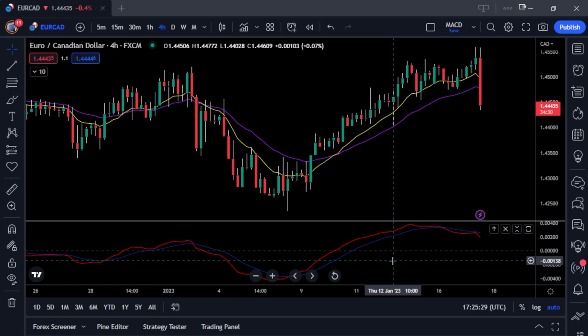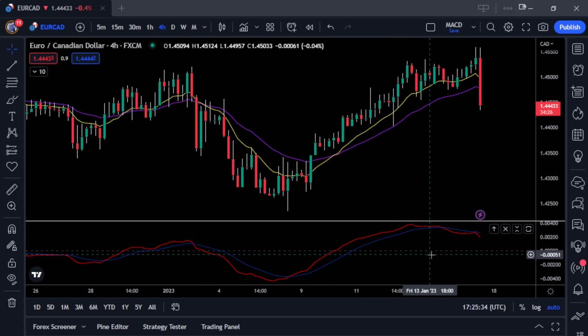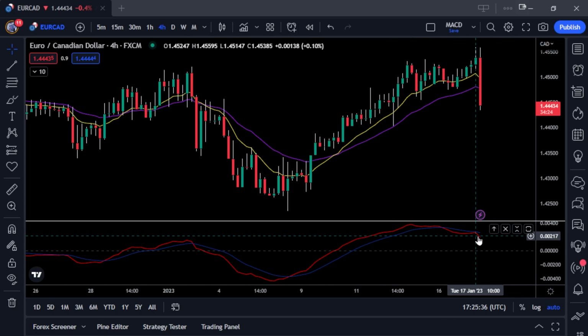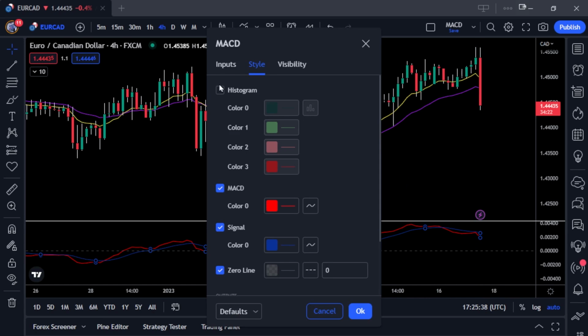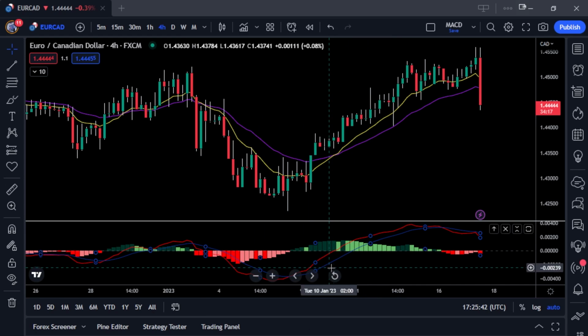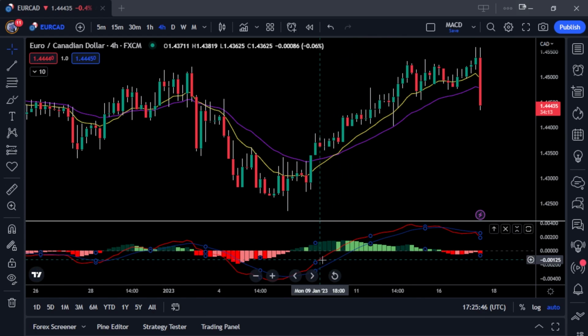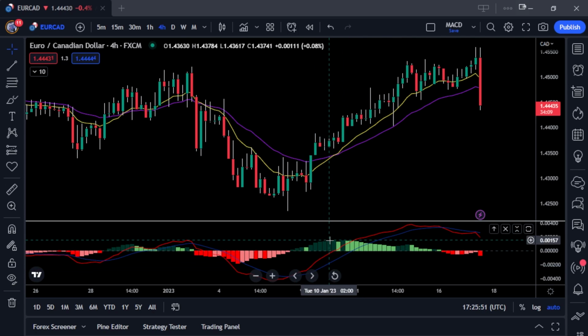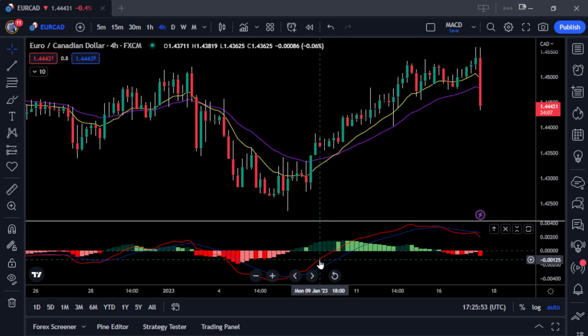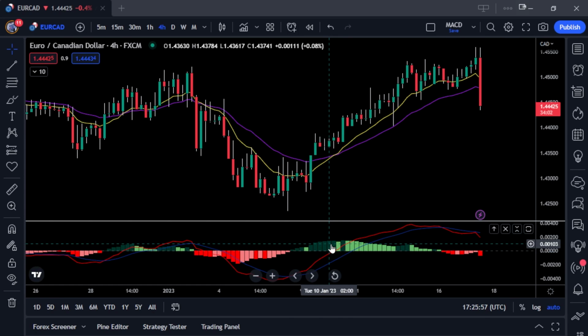Now, finally, there's a histogram, and the histogram element, let me just bring this on. The histogram literally is a measure of the distance between the smoothing moving average and the MACD itself. So what it shows you is the momentum. So as it's getting stronger overall, the momentum's growing here, or further apart.